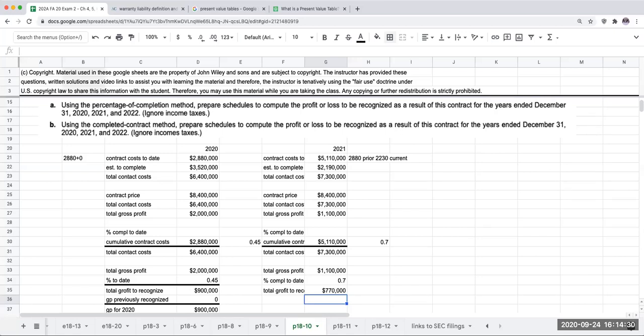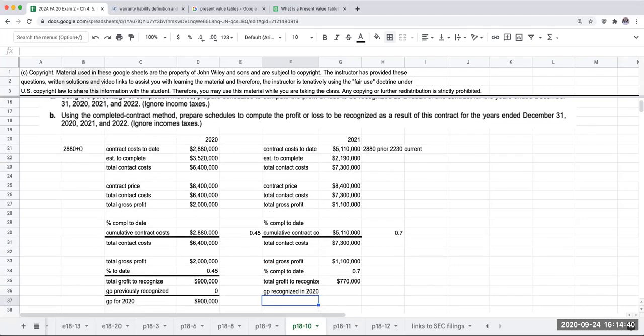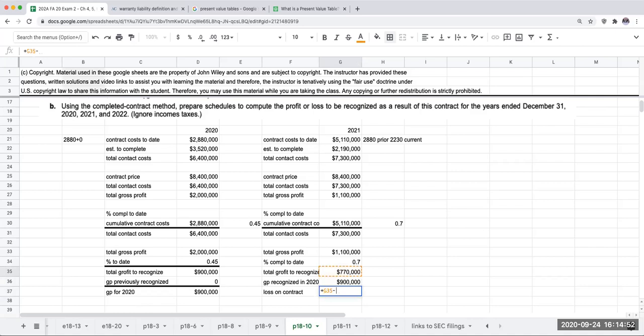However, I have a problem. What is my problem? Well, over here, my gross profit recognized in 2020 was $900,000. So what I'm going to need to do is I'm going to have a loss on my contract over here of $130,000.